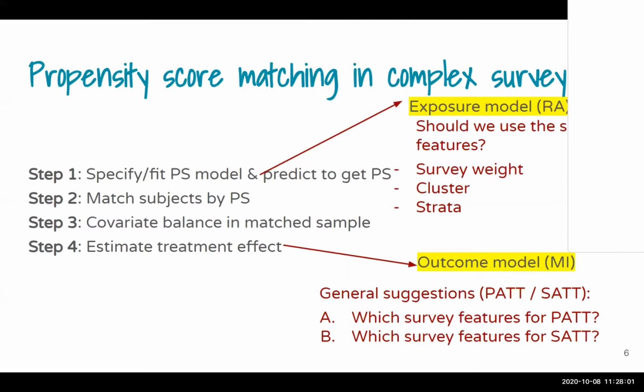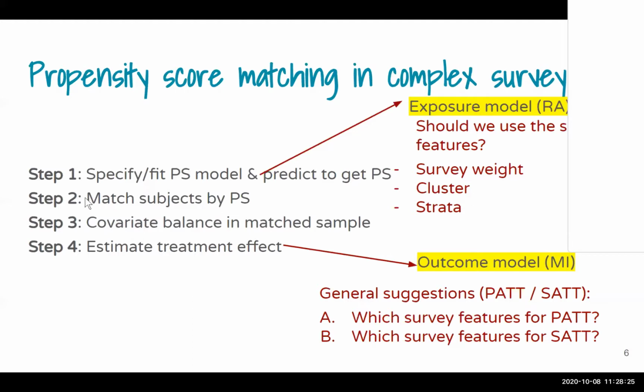And that will be assigned for every participant in the analysis. Some of the participants are in the exposed group, and some are in the non-exposed group. So we will have propensity scores for the exposed people, and we will have propensity scores for the unexposed people.